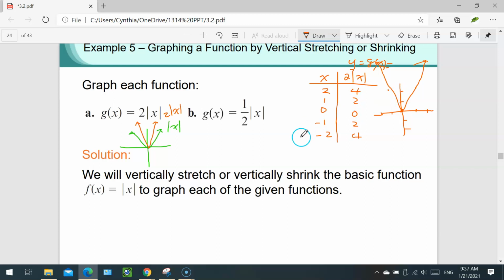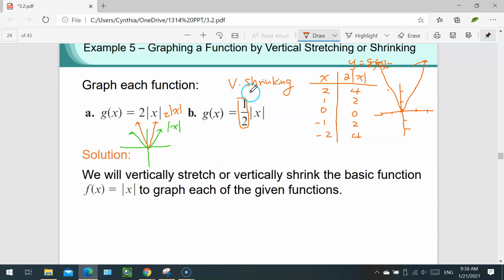But in this section we are learning the translation. So normally I show the work this way, by using the understanding of the translation to move your graph. g of x has one half multiplied to the outside of the function. So this number indicates a vertical shrinking.